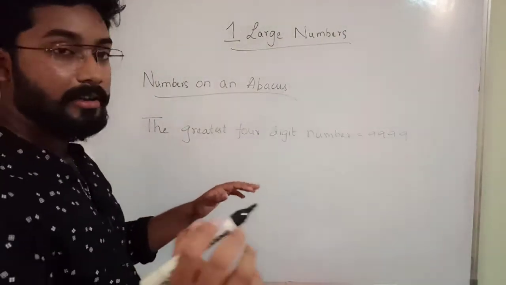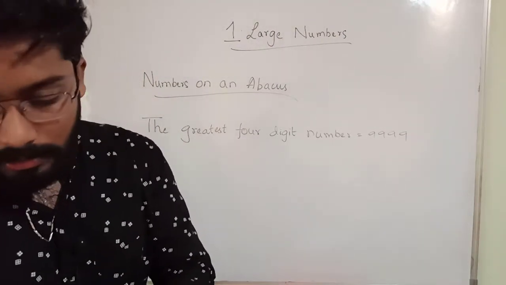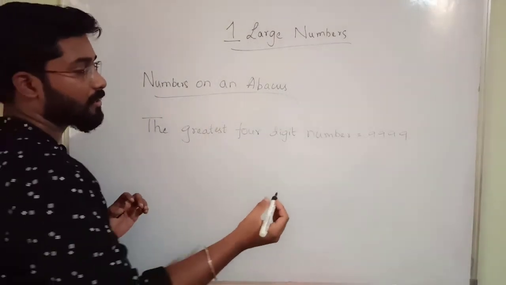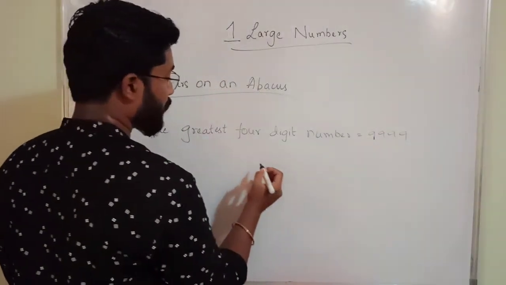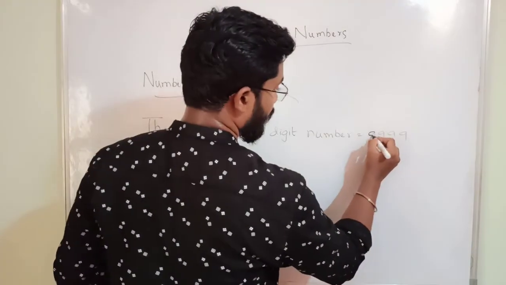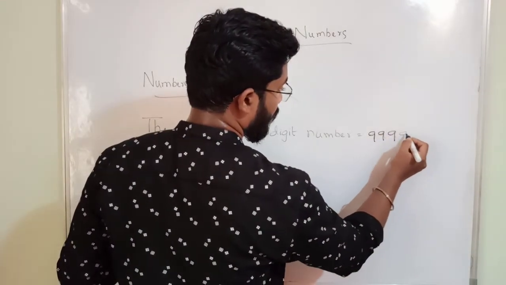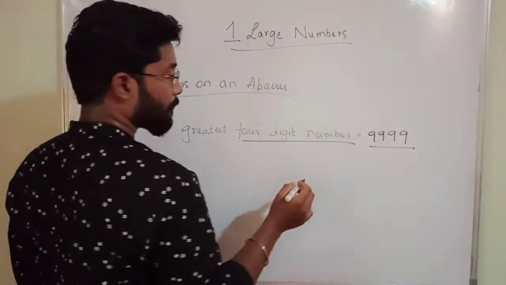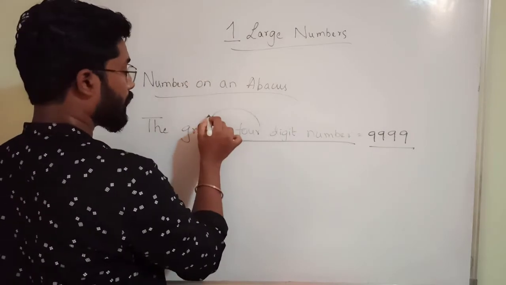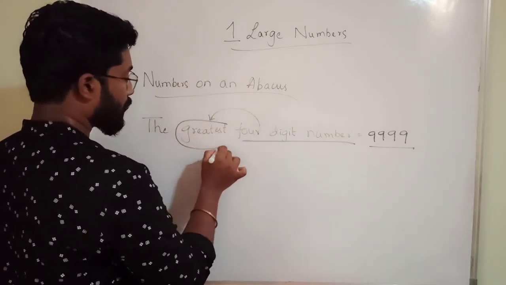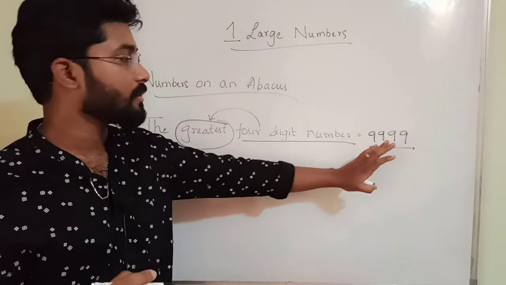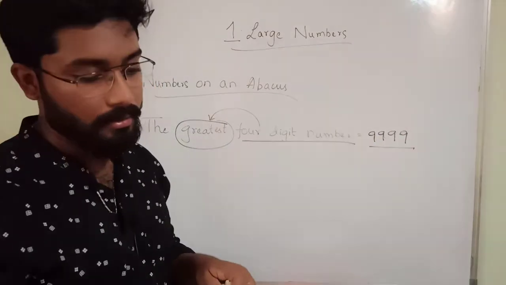Because what you have to understand here is just 2 keywords to understand what is that number. It is a 4-digit number. Which 4-digit number? Greatest 4-digit number is 9,999.